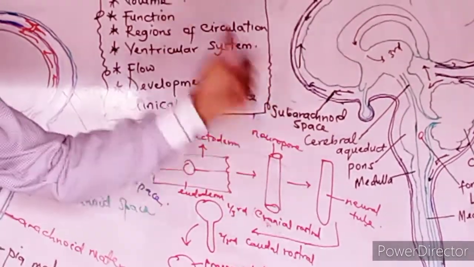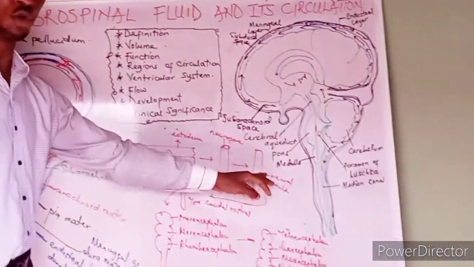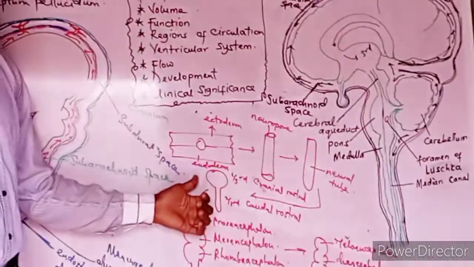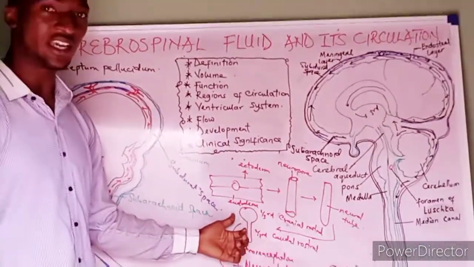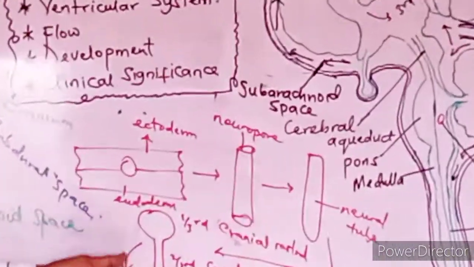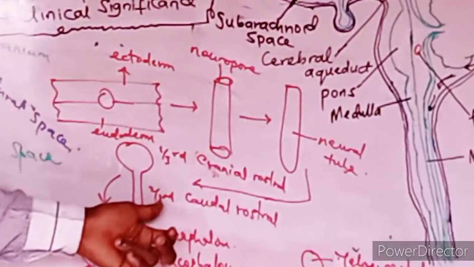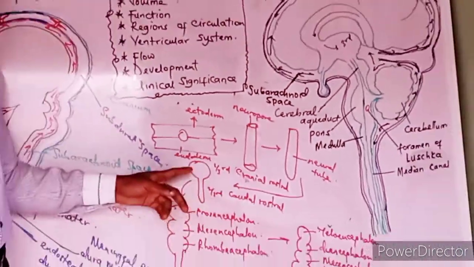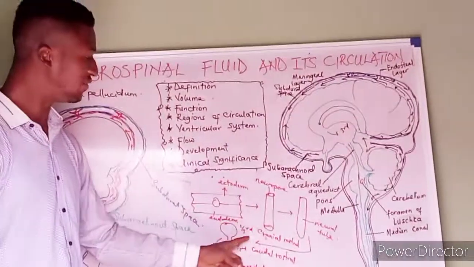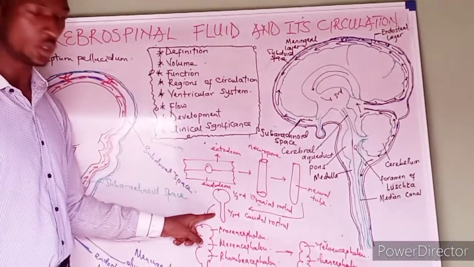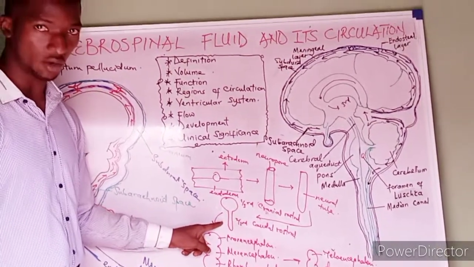By the time the neuropore closes, it gives you a closed neural tube. This neural tube at the cranial part begins to swell to form the one-third cranial rostral part, while the remaining caudal part will be taken as the two-thirds caudal rostral part. The one-third cranial part develops into the brain, and the two-thirds caudal part develops into the spinal cord.